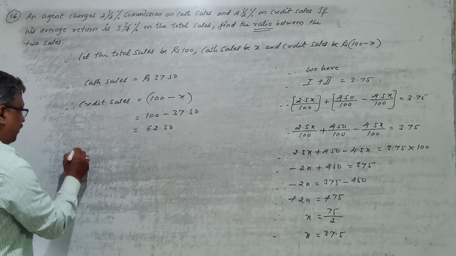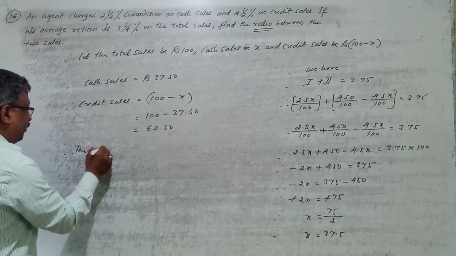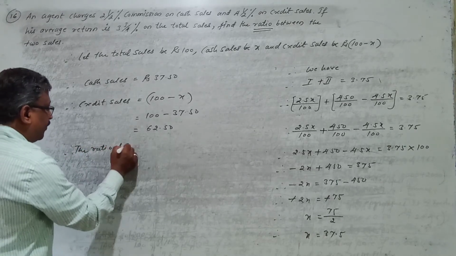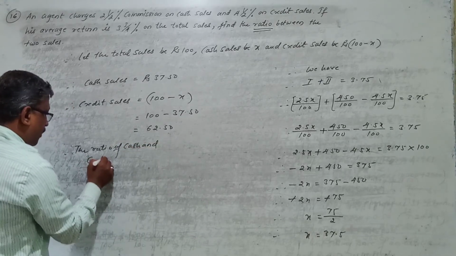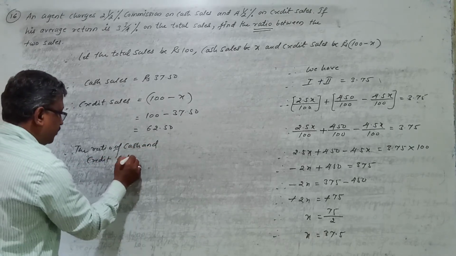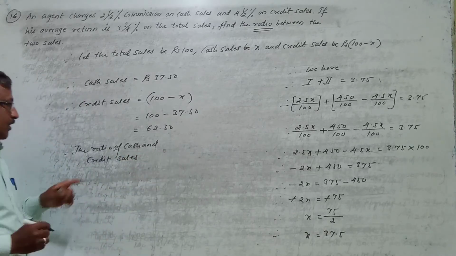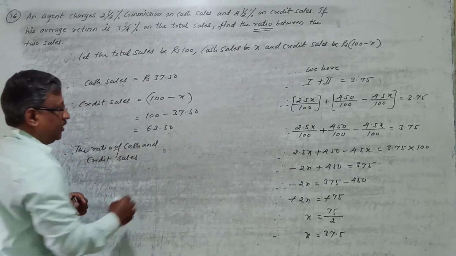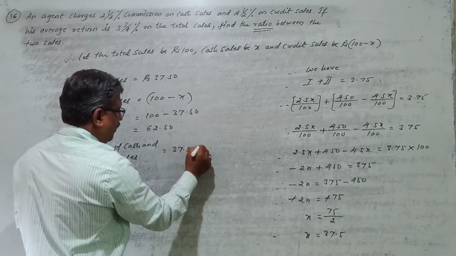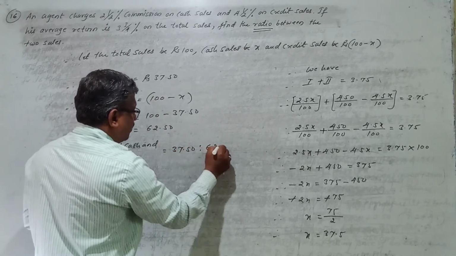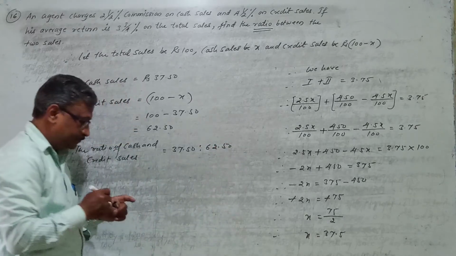Now let's calculate the ratio of cash to credit sales. So here you have to write: therefore the ratio of cash and credit sales equals cash sales 37.50 is to credit sales 62.50.